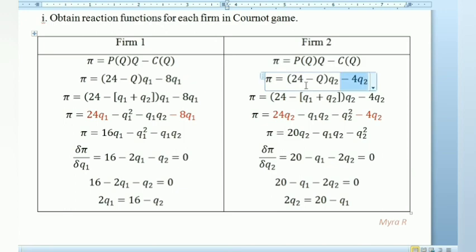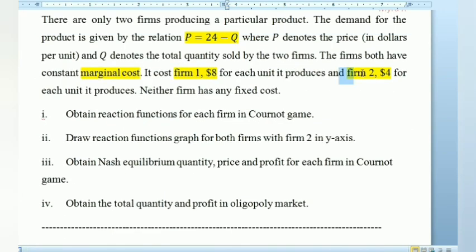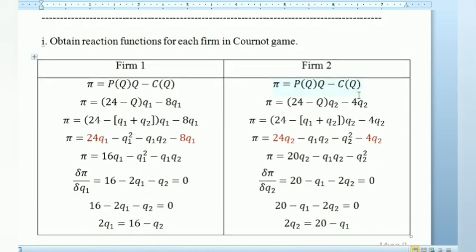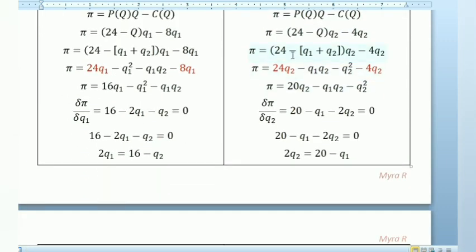We substitute the capital Q, with Q2 outside the brackets, and the cost is 4, so we subtract 4 Q2. We expand the equation: 24 minus 4, we get 20 Q2, minus Q1 Q2 and Q2 square.